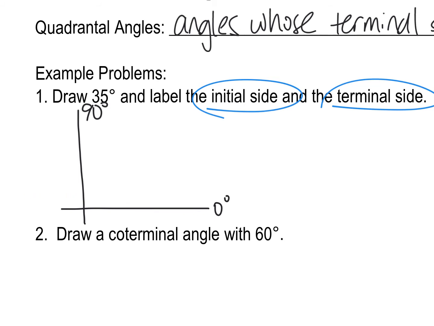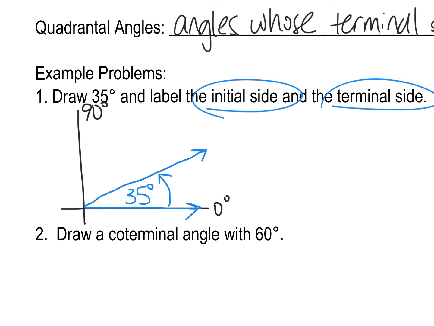Anyway, so if I'm going to draw an angle of 35 degrees, that means that my first ray is going to be here on 0 degrees. And for my angle to be 35 degrees, I need a second ray, and that would probably be somewhere in here. So I rotated that direction 35 degrees.